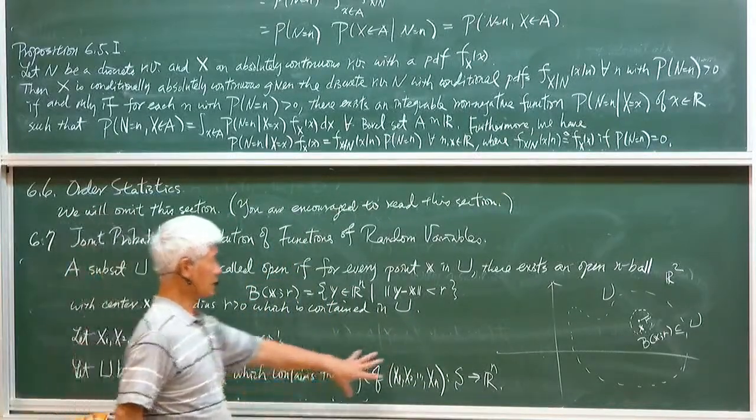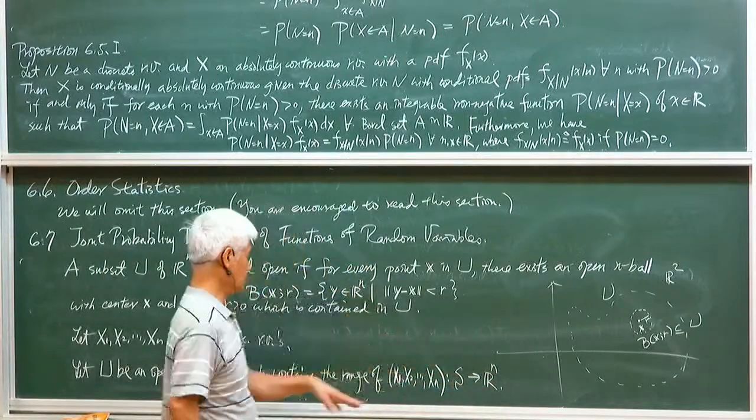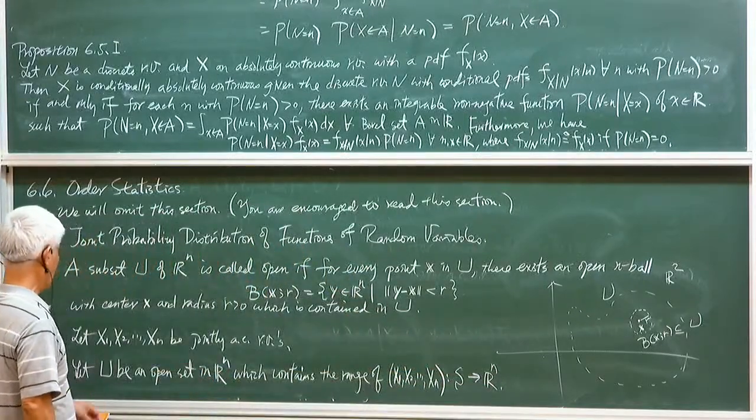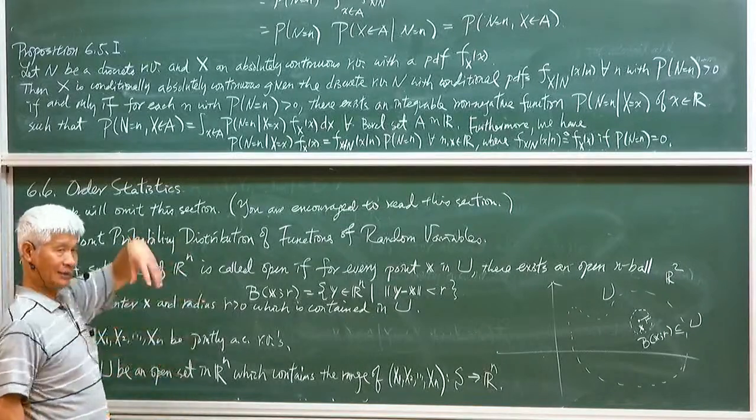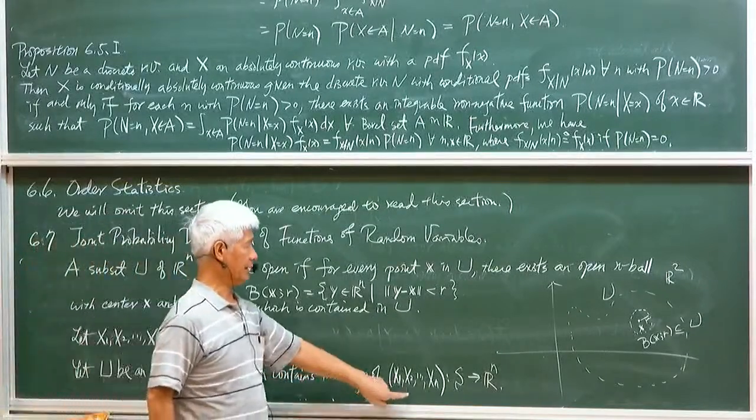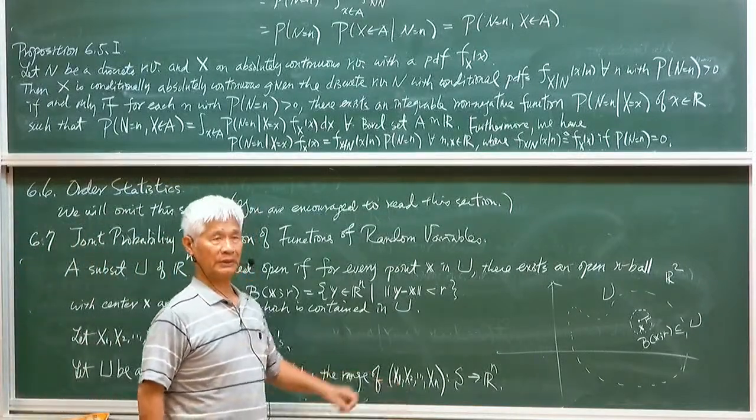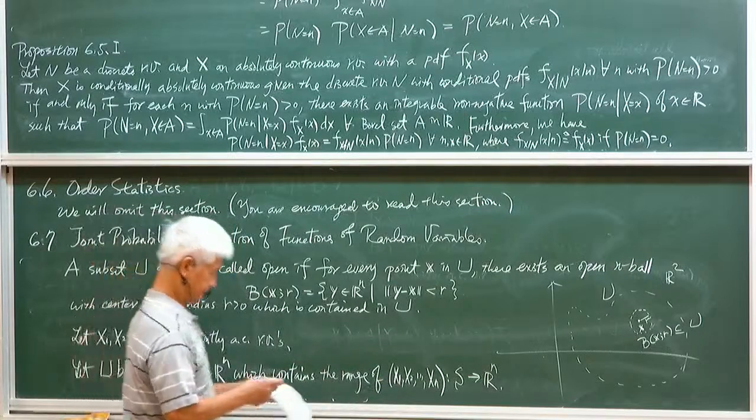And we collect all the possible values, which is called the range. And we ask that U is an open set which contains the range of this random vector.